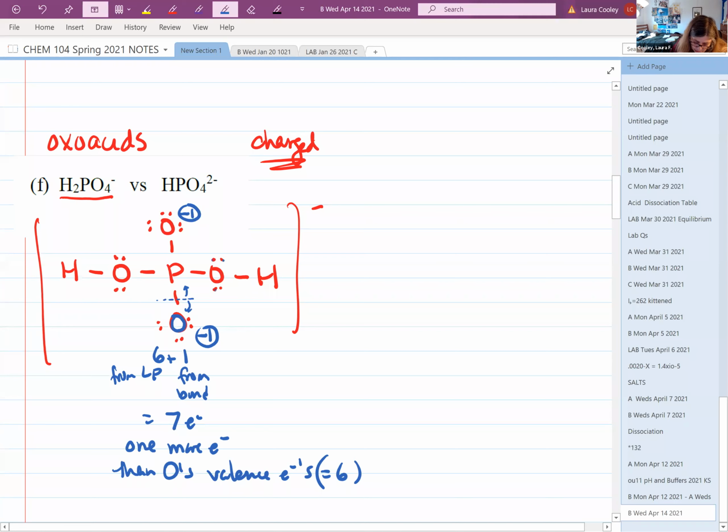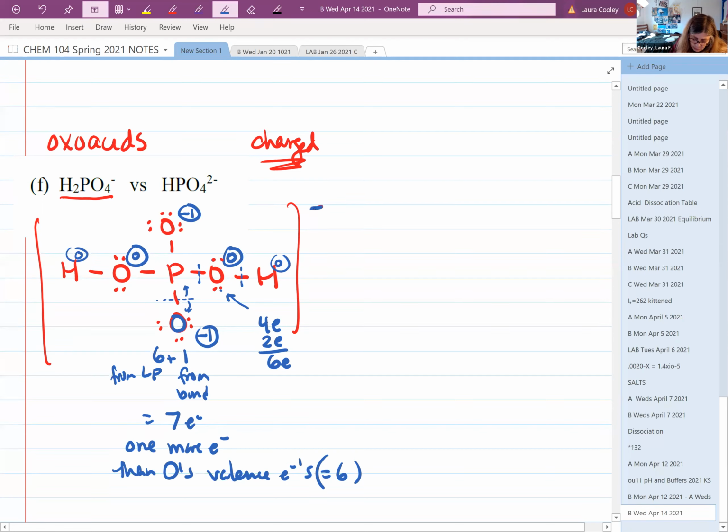Oxygens that have 2 lone pairs, that's 4 electrons from lone pairs. And then if you divide each of these bonds in half, it has 2 more. That makes 6. So the formal charge is 0 on these, because that's the same as what it had as a single atom. Hydrogen always has a formal charge of 0. It only has 1 electron, and that's all it ever has.